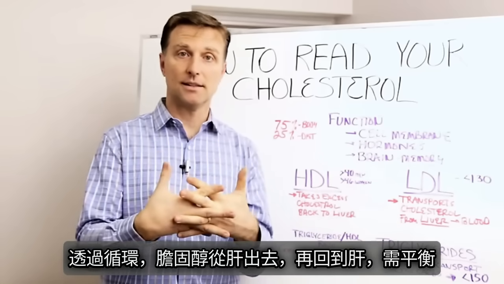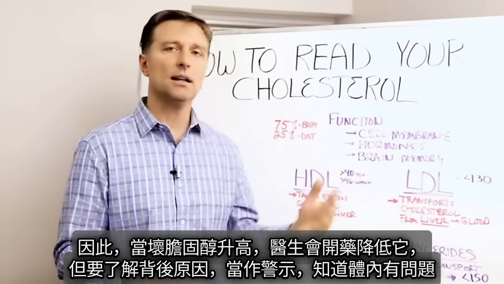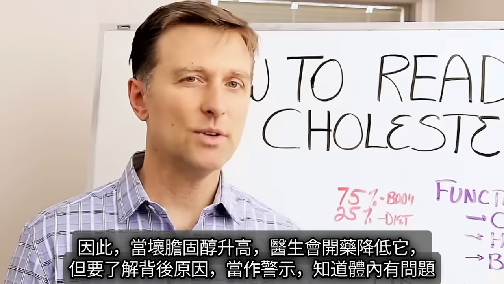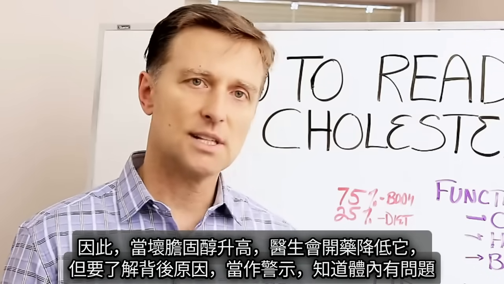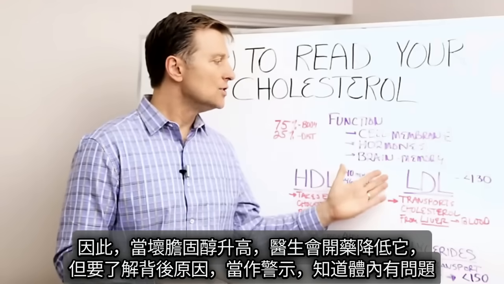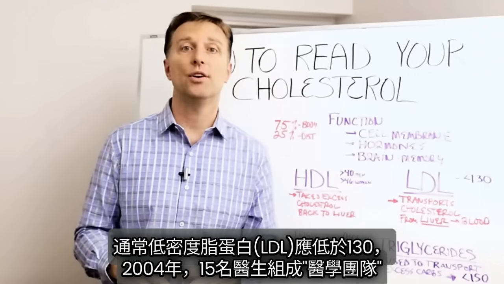And we need that balance. So when you see that you have high levels of bad cholesterol, doctors instantly give you a drug to shut it down, but what I want to do is teach you what's behind that, like what's causing that problem. We want to use this as a little indicator light to tell us that there's some problem inside our body. Normally, the LDL should be below 130.